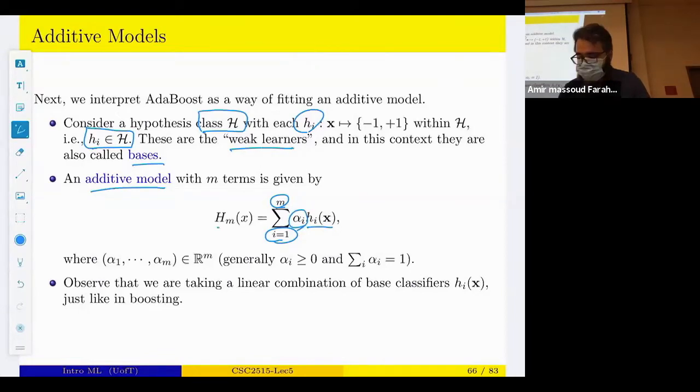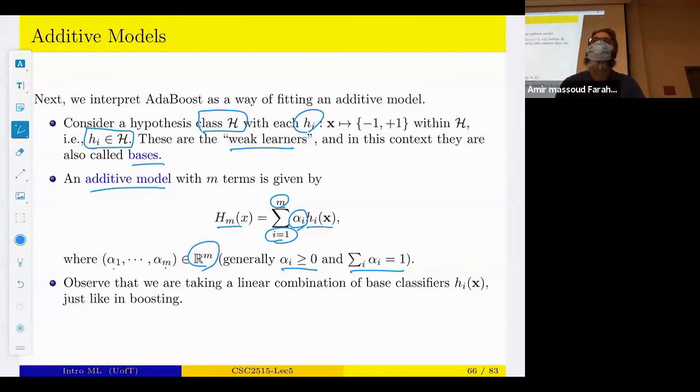And the result of it would be H_M. So M indicates that we have M different additive terms. The alpha_i's, from 1 to M, form an M-dimensional vector belonging to R^M. Generally, we assume that they are non-negative, and sometimes we assume that they sum to 1, but it is not generally needed to sum to 1. So that's the additive model.